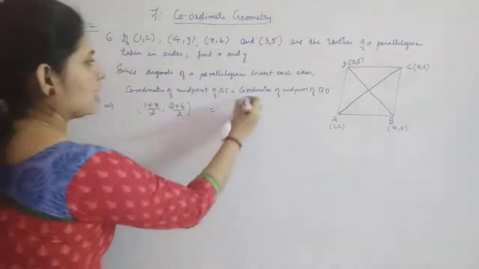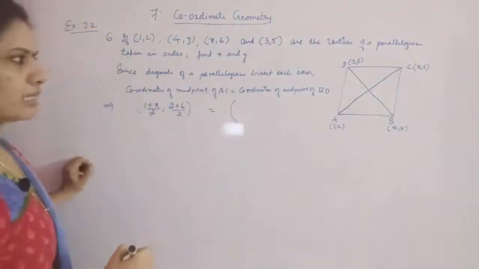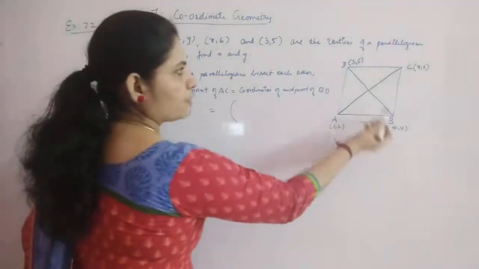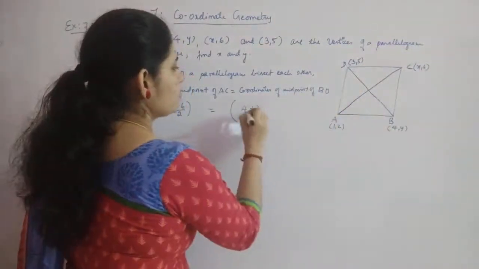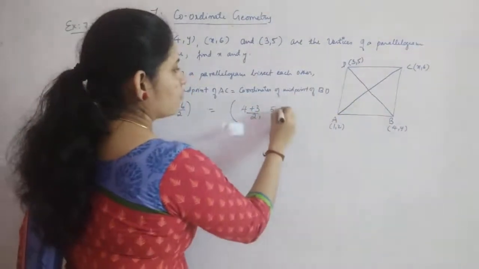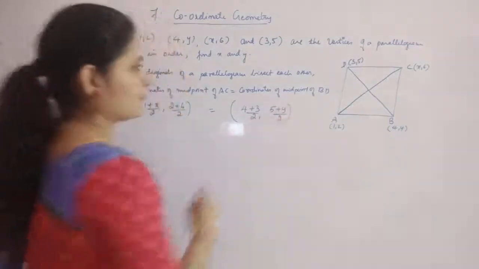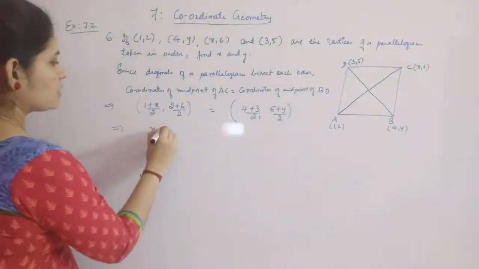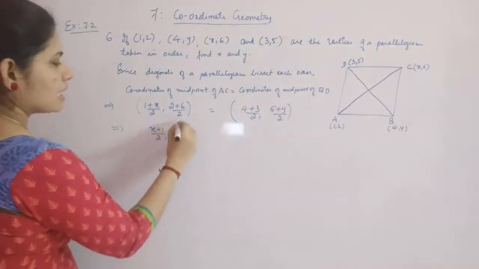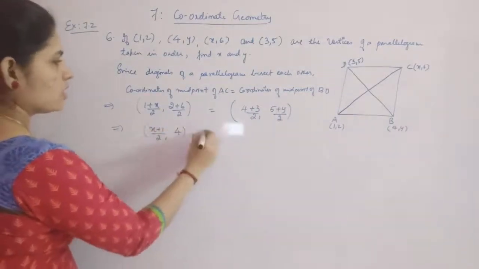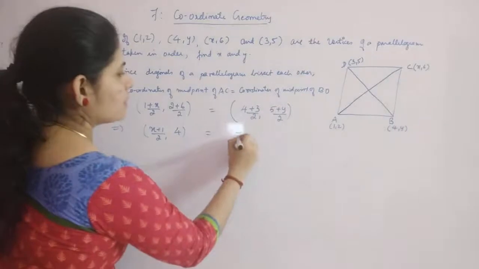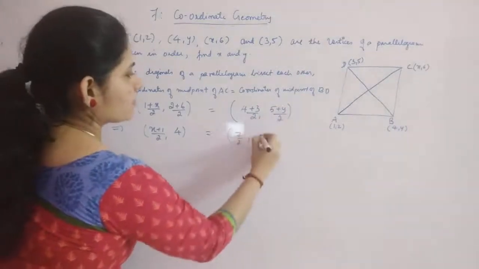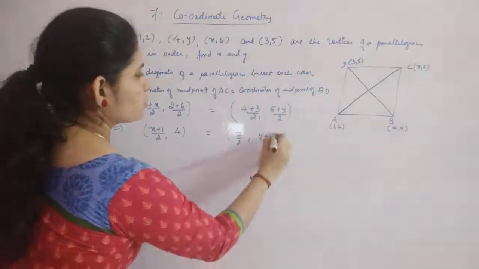midpoint of AC, and the coordinates of the midpoint of BD will be ((4 plus 3) by 2, (5 plus y) by 2). Okay, so this will give you ((x plus 1) by 2, 8 by 2, which is 4) is equal to (7 by 2, (y plus 5) by 2).